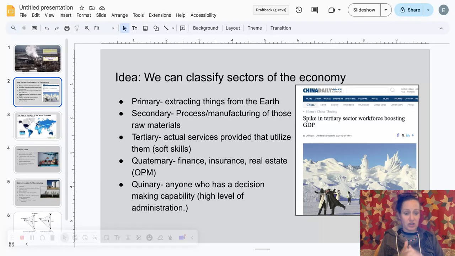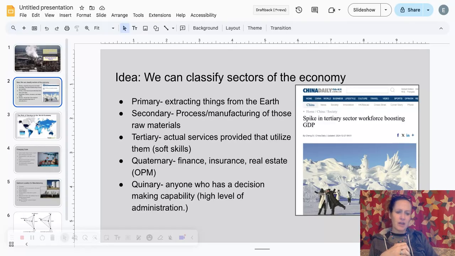You're not just getting the corn. Maybe you're manufacturing it into high fructose corn syrup or ethanol gas or something like that. Maybe you're taking the oil and then you're making it in a refinery so that it can be used for gasoline.